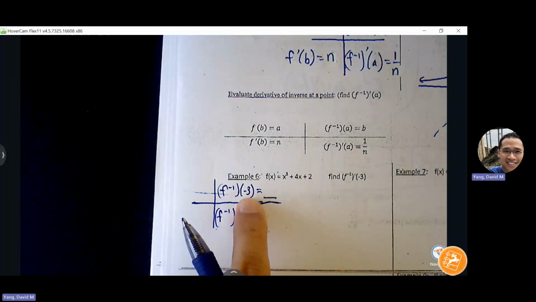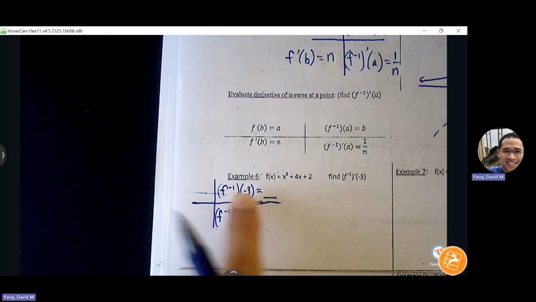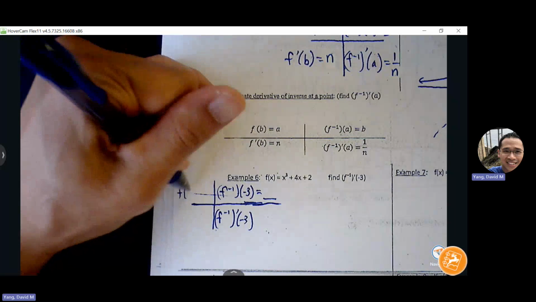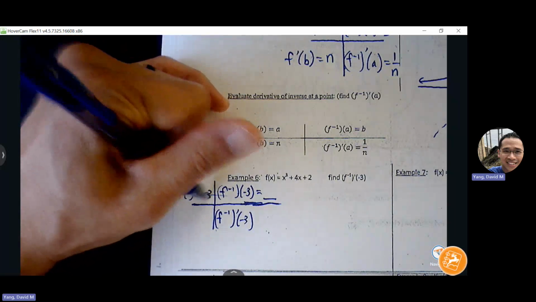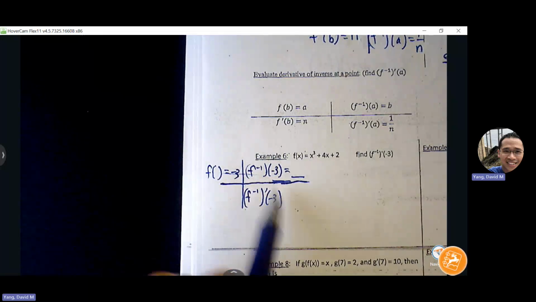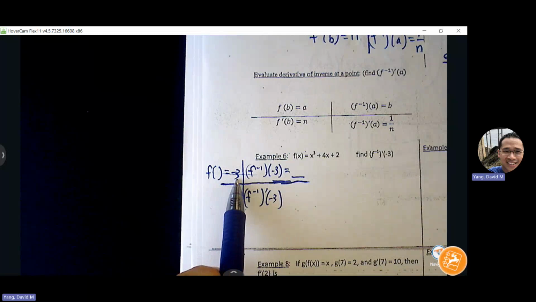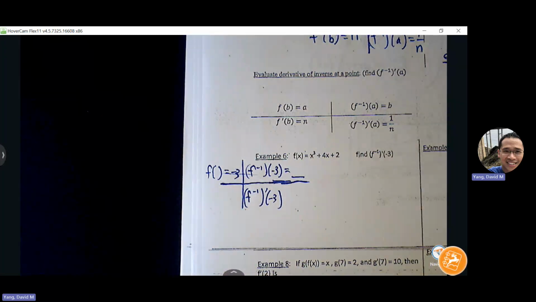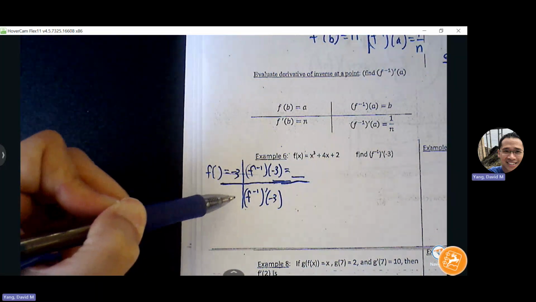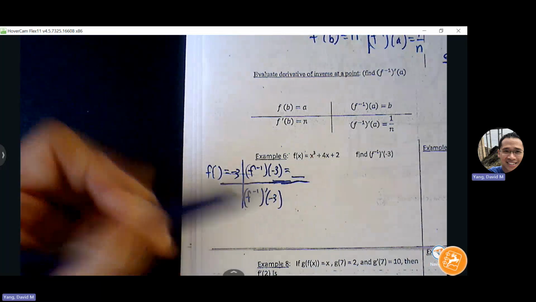But if -3 is the x value of my inverse, then -3 must be the y value of my function. So I know that f of some x value equals -3. I can fill out the chart up to this stage without looking at anything else. If I can fill this chart out, then the steepness here will lead me to the steepness that I'm looking for.